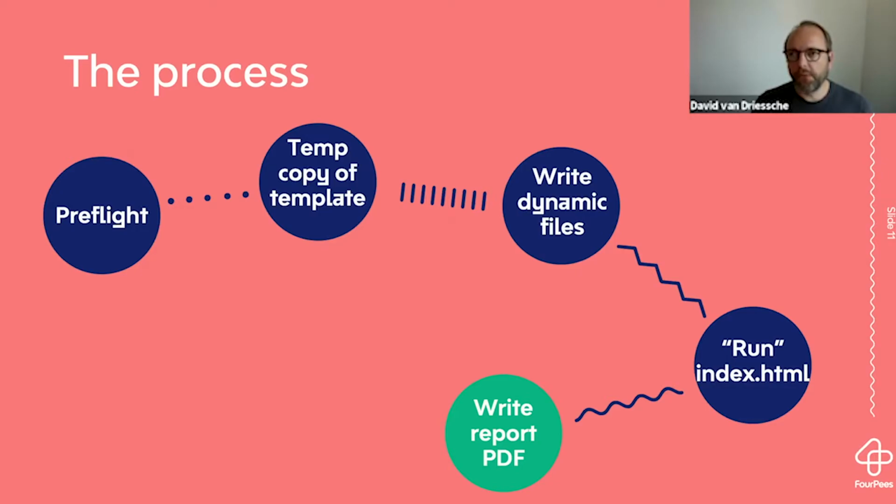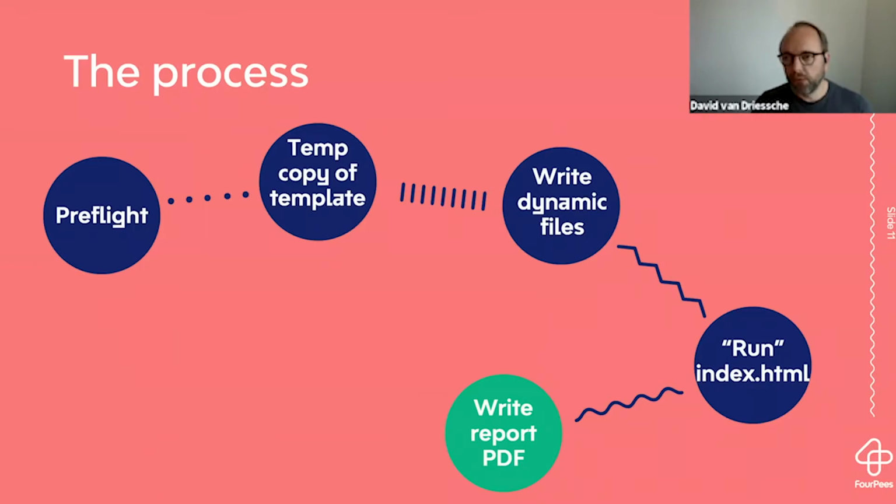It's going to generate all the preflight results. Once it has the preflight results, it will create a temporary copy of your template. That means wherever this template lives in the pdfToolbox library, that whole folder is going to be copied to a temporary location.